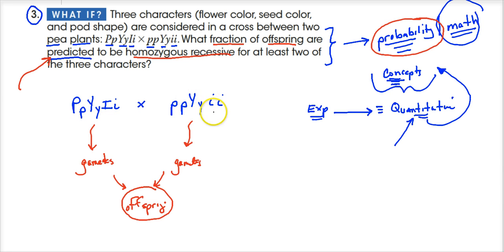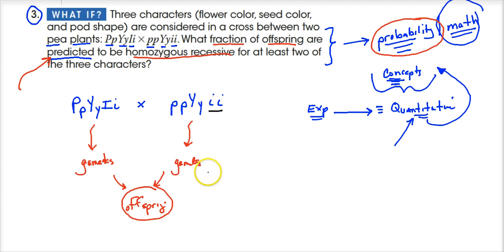Notice only the father, if we make this the paternal, only the father has it. But when these come together and they separate independently, using the 2 laws, the law of segregation and the law of independent assortment, these guys will separate into gametes totally randomly and make offspring totally randomly.